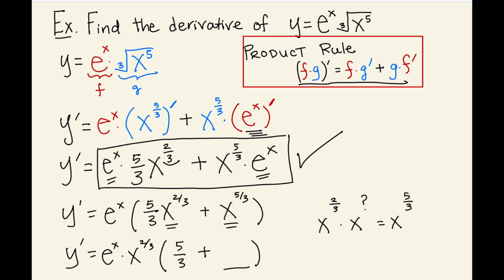And then you just have to remember that, well, if I'm multiplying two numbers with the same base, I can add the exponents. So what do I add to 2/3 to get 5/3? Well, that would be 3/3, right? So 2/3 plus 3/3 would give me 5/3. 3/3 is just 1, so I'm going to have x to the first power here.